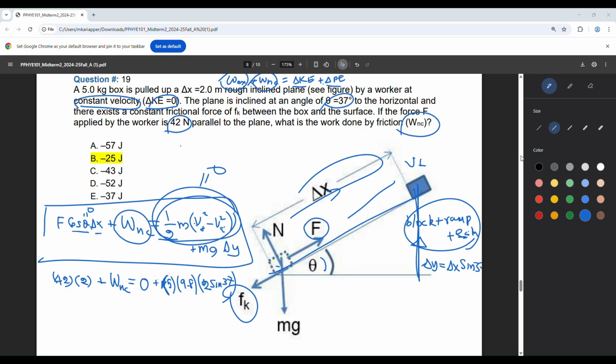If you don't want to use the calculator in the solving mode, you can say x is equal to 42 multiplied by 2 minus 5 into 9.8 into 2 sine 37. Then you don't need to use the calc. That is doing the algebra, right? Yeah, fine, it is perfect, okay? So I'm just telling you, if you hate algebra, I hope you don't, you just write it in the calculator and use the shift calc.